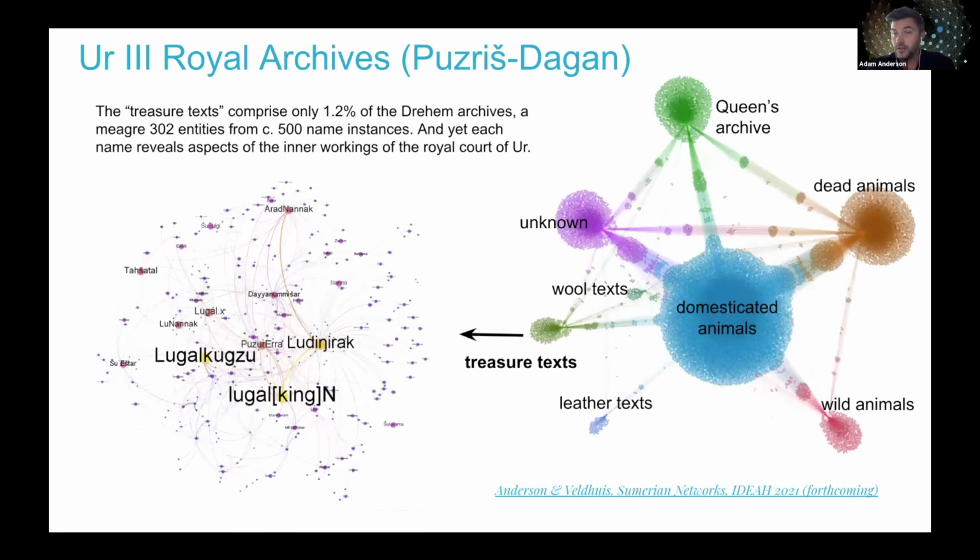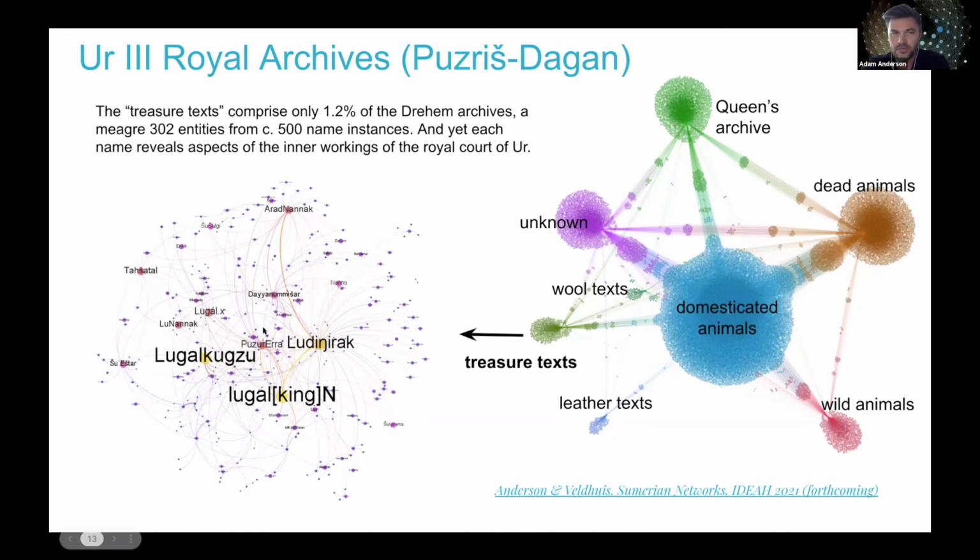And with that, we can take a look at really interesting features of the text at a holistic view. So this is again the Drehem archive, Royal and Administrative Archive, one that corresponds to about 50,000 name instances. We're in the process of disambiguation now, but we've had some time to focus in on, say, even a single archive like the treasure texts, and look at what that network looks like in a disambiguated model.